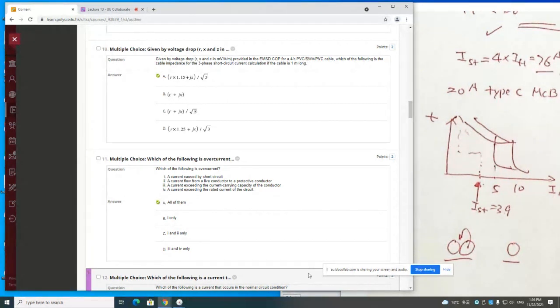So we need to consider this increase in resistance caused by the temperature change. 1.15 is the factor caused by the change of temperature, and this factor is again given in the notes. If you read the notes carefully, you know where you can find this formula.